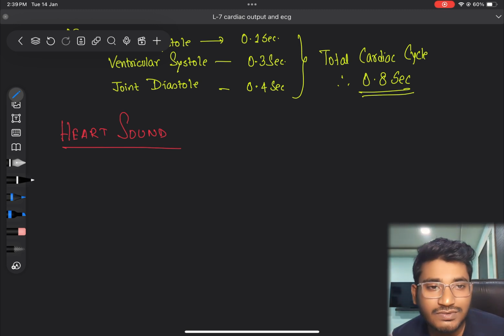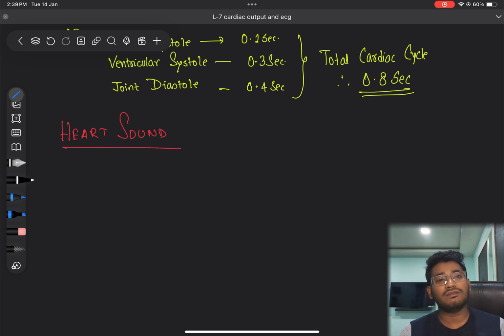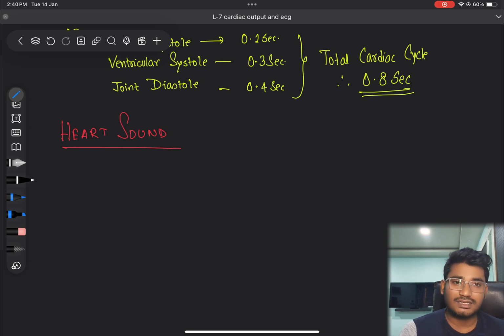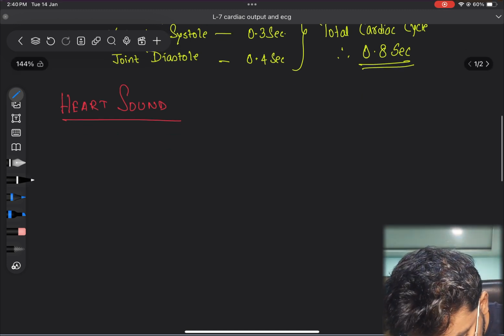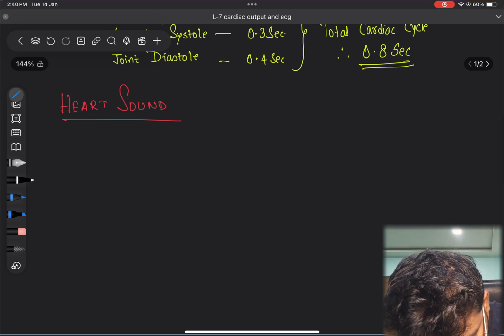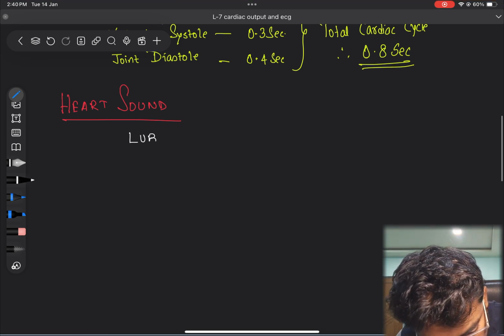Heart sound generally comes from the closure of the valves, not from the opening of the valves. So remember, the question comes in the NEET. Let it be the lub or the dub: the lub sound generates from the closure of AV valves. So the lub is the first heart sound.